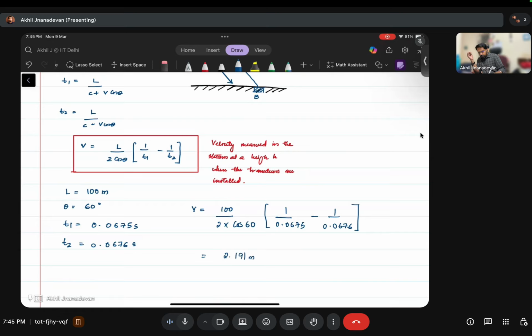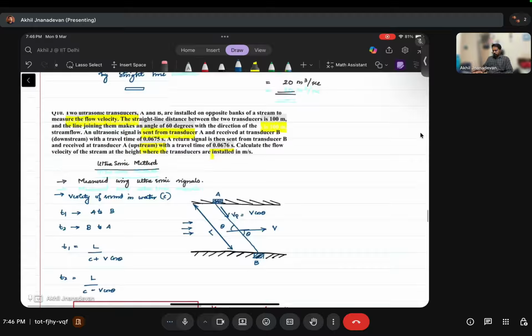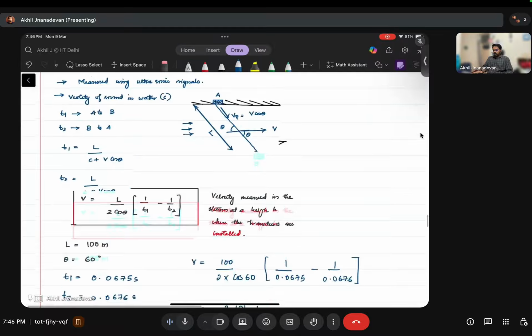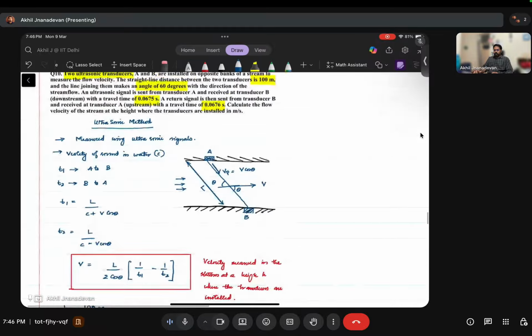If you solve this particular equation, you can check it will come to around 2.191 meter per second. Okay, that is how we measure the velocity using the ultrasonic method.